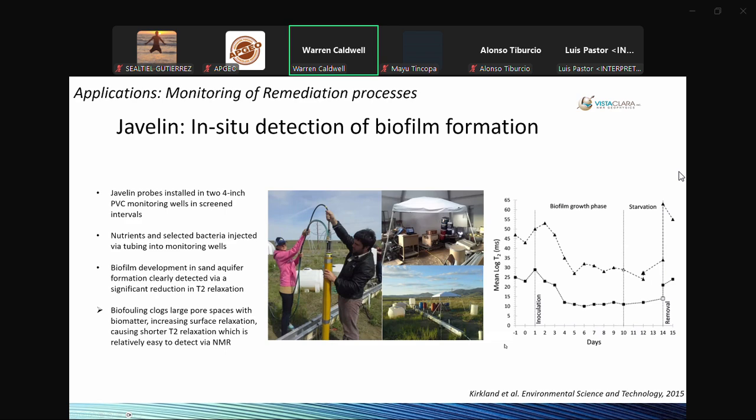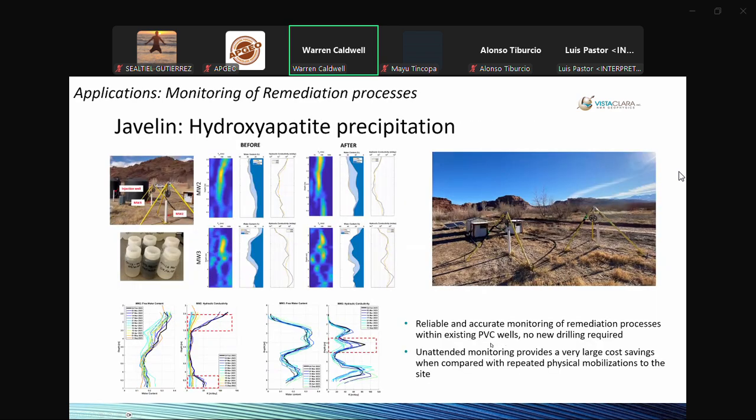original state. So this is a similar example with precipitation of a material that's again intended to block groundwater flow. So this is at a former uranium mill site in Utah, and the uranium left over from the mill operations is migrating into a local river.